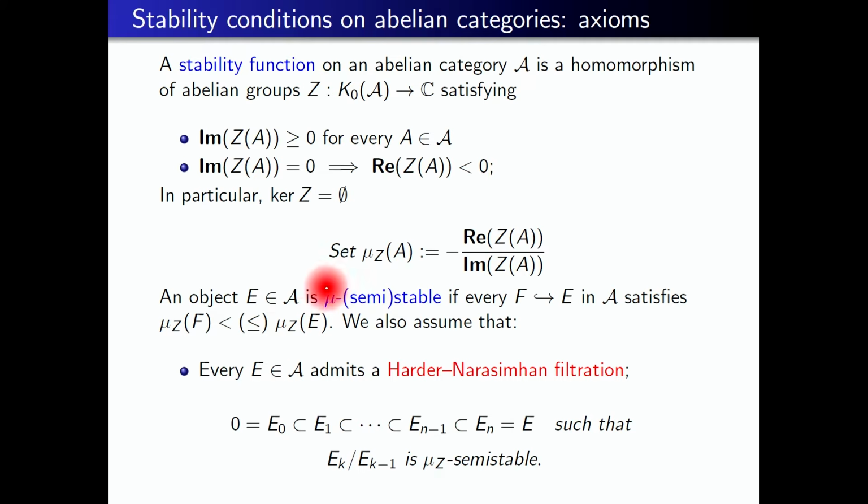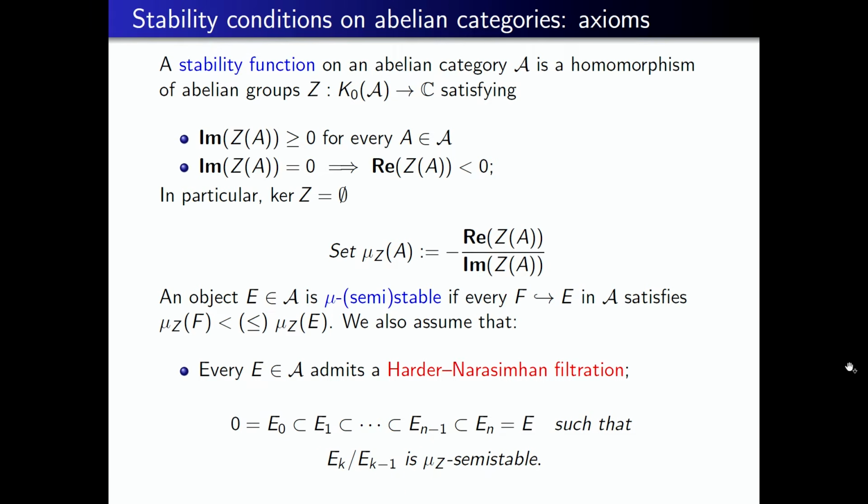And then an object is semi-stable with respect to the slope if every subobject in the abelian category has a smaller slope. And then there's this other technical condition of the Harder-Narasimhan filtration: any object in the abelian category has a filtration such that the factors of the filtration are semi-stable.